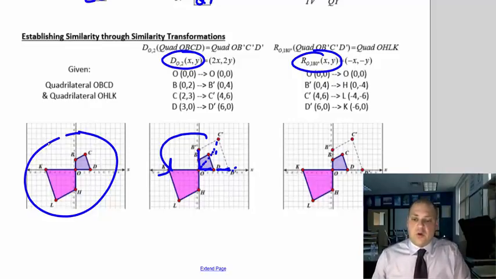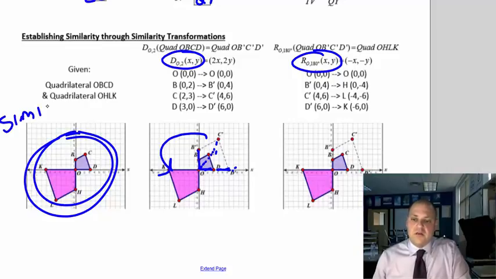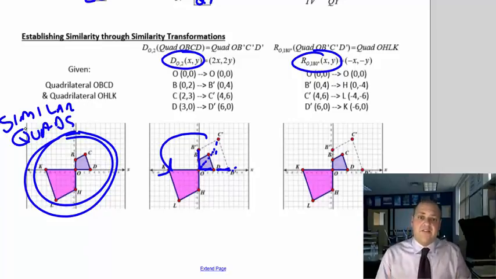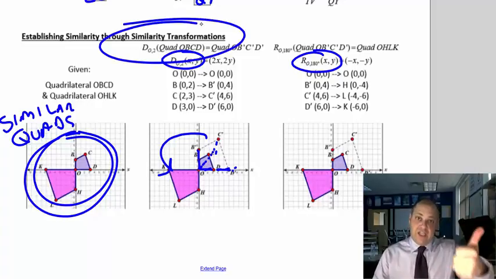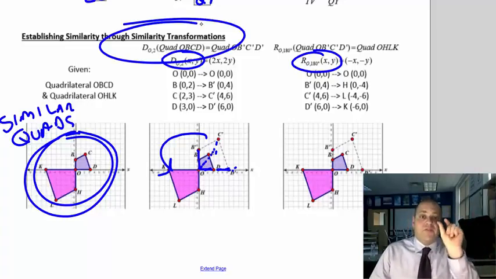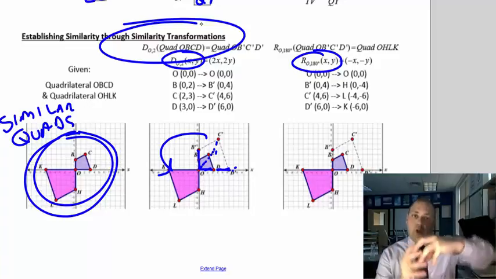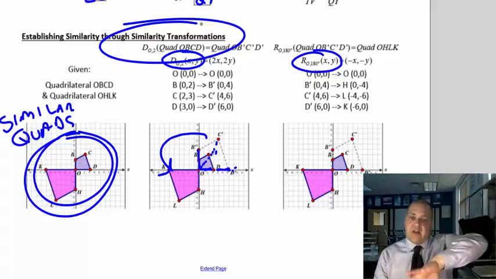These are similar quadrilaterals. I'll put similar quads. And the reason they're similar quads is because there were similarity transformations, a dilation and a rotation, that got me from one to the other. We blew up the one and then we rotated it around.